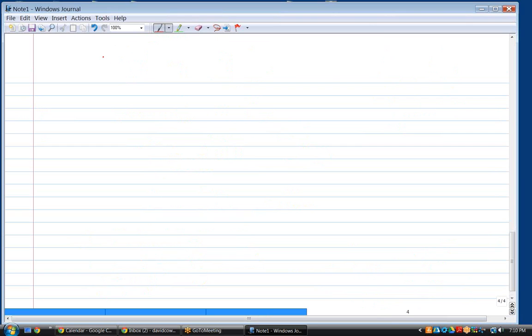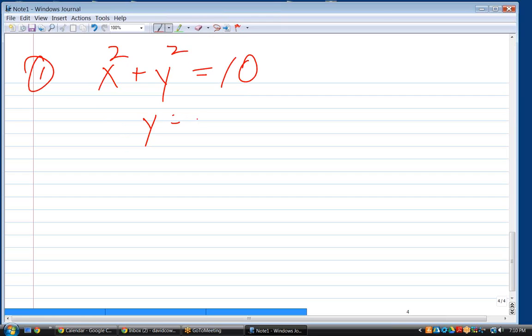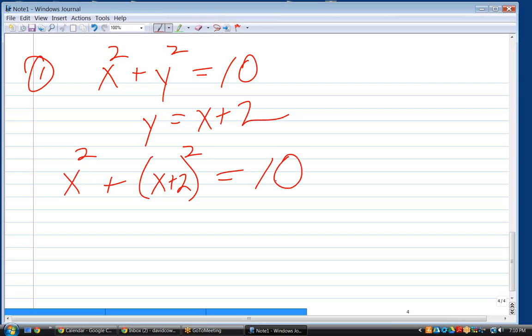X squared plus y squared equals 10, and y equals x plus 2. Okay, so x squared plus (x plus 2) squared equals 10.